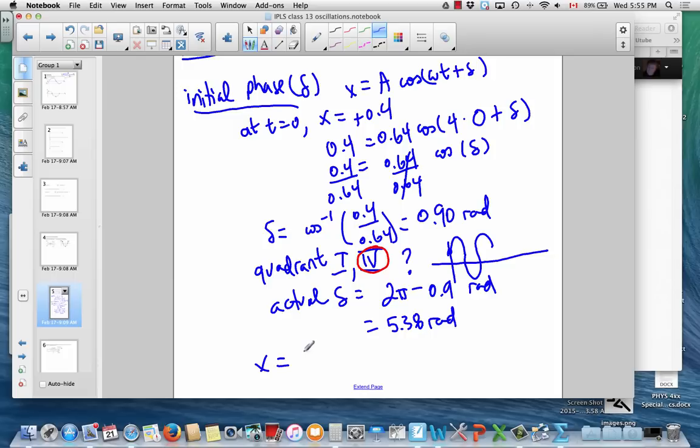So if we put that all together, we get the following equation to describe this oscillation. And that was the task.